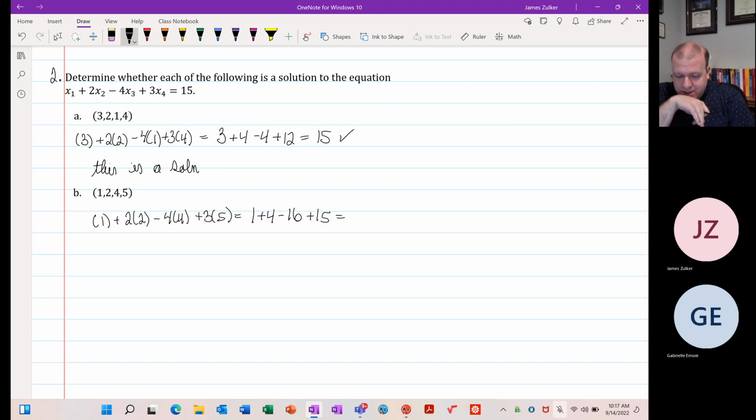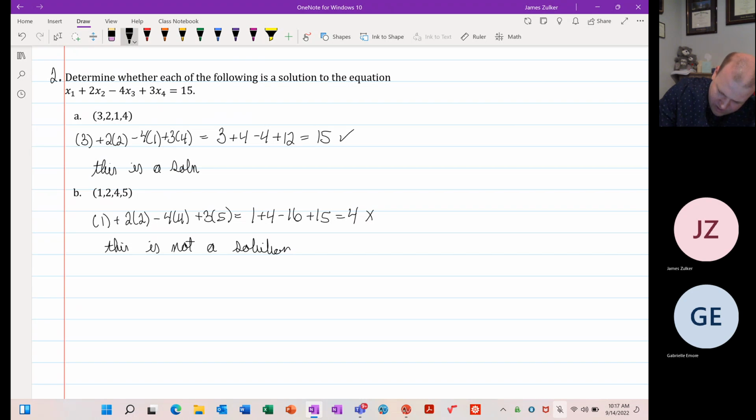One and four is 5, minus 16, negative 11, plus 15 is 4. And that clearly is not 15, right? So this is not a solution to the equation. Don't know why I wrote out solution that time, but whatever.